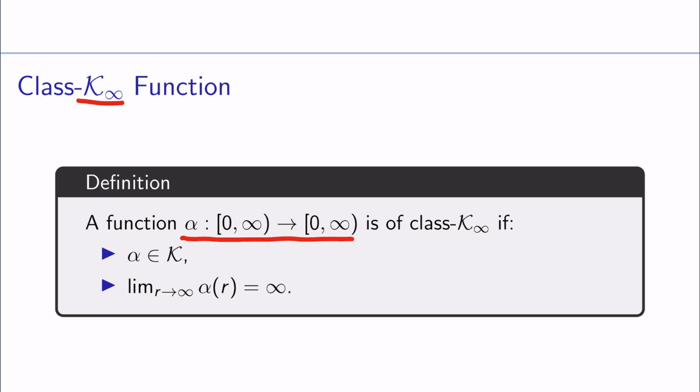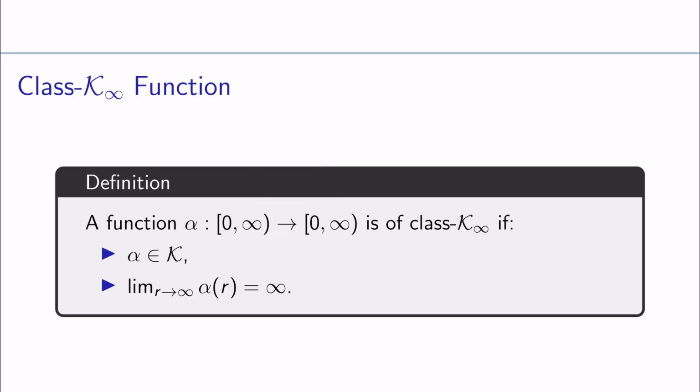Again we have that, but this time we literally have from R positive to R positive, and there are two items. This needs to be of class K. And the second thing, it goes to infinity as the argument goes to infinity.